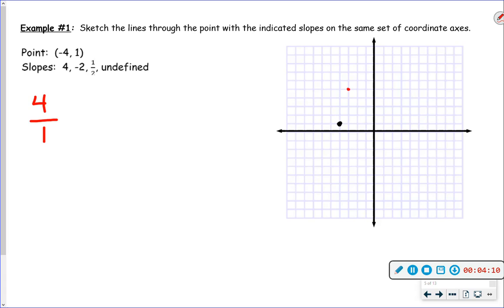Now, because of my lack of drawing skills, I'm going to do another point just to help me draw it a little nicer and straighter. If I were to go off the graph grid, you could go down 4, and which way 1? Left. 2 negatives. Good. All right, I'm going to try to draw a straight line through there. As good as it gets.